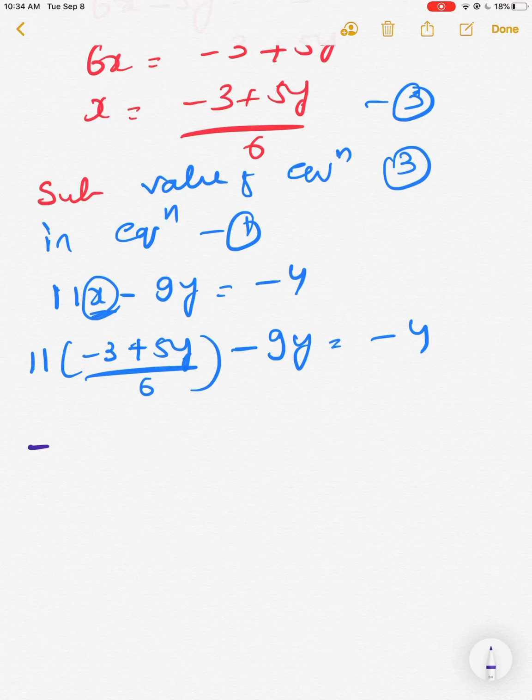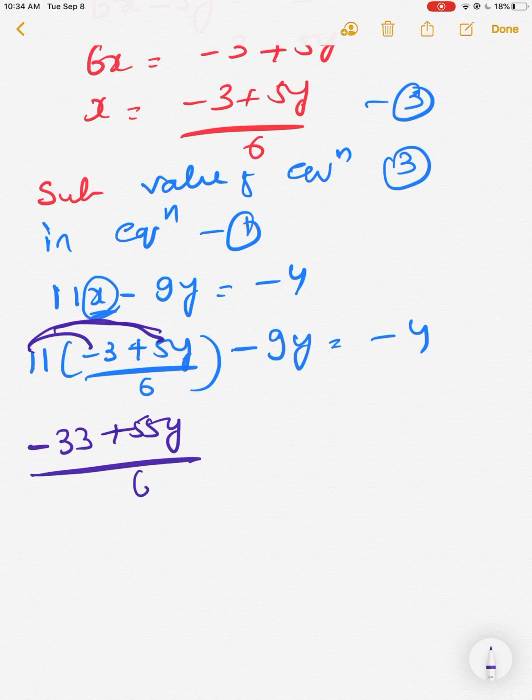Now minus 33 plus this we have to multiply. 11 into 3 is 33, plus 11 is 55, y upon 6 is equal to minus 9y minus 4. Here we will be taking 1.